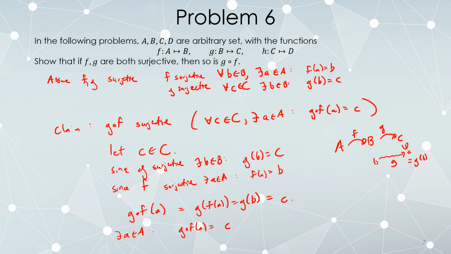And since f is surjective, I know there's a little a that gets mapped there. And overall, the function g of f has started with a and ended with c. And we started with an arbitrary element of C. So everything in C can be hit by the composition g of f. The composition g of f is also surjective.